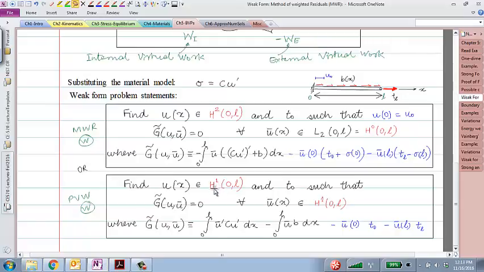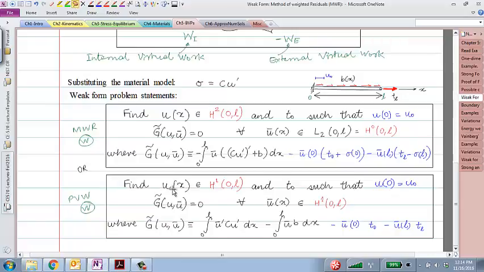Okay, not H2, because there is only one derivative on the real displacement. And find the reaction T0 at the fixed end such that the original displacement condition, that displacement at 0 has to be equal to the given displacement u0, that still absolutely needs to be satisfied.